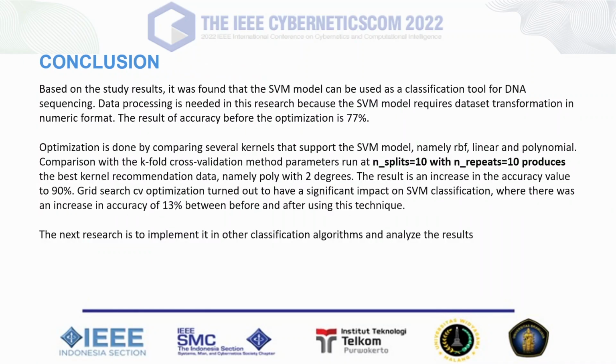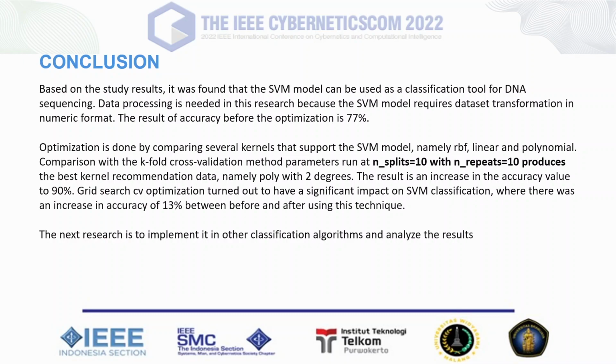Based on the study result, it was found that the SVM model can be used as a classification tool for DNA sequencing. Data processing is needed in this research because the SVM model requires the dataset in numeric format. The accuracy before optimization is 77%.